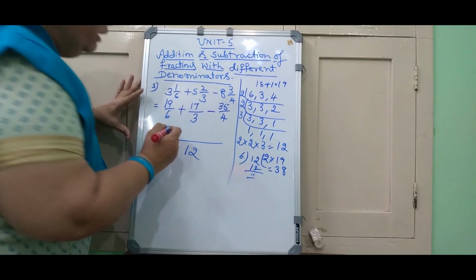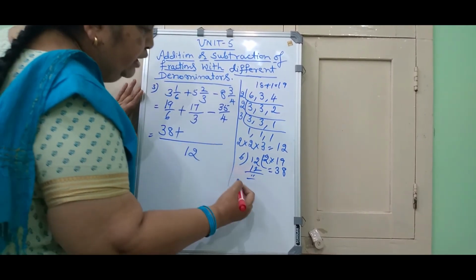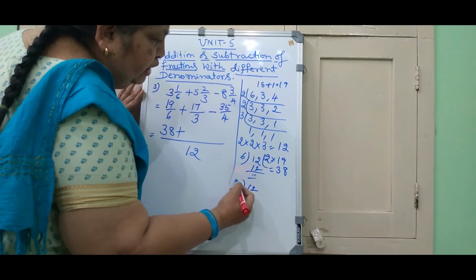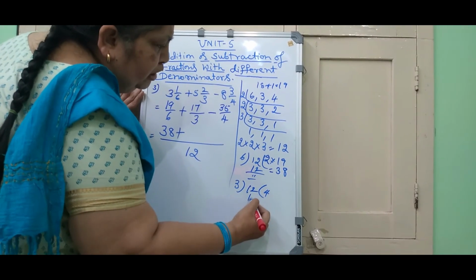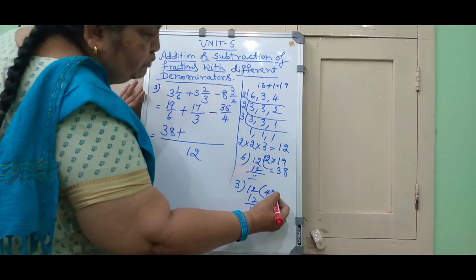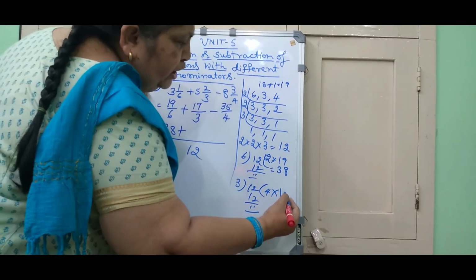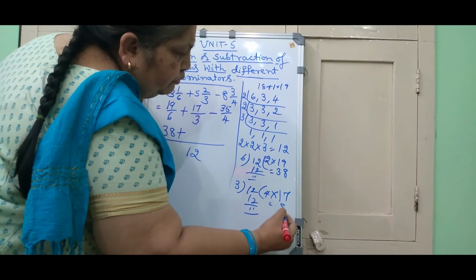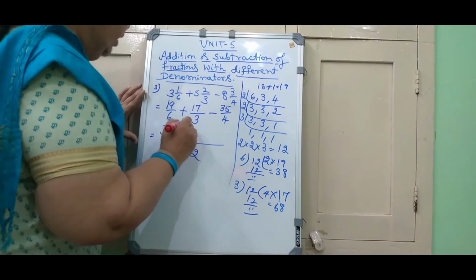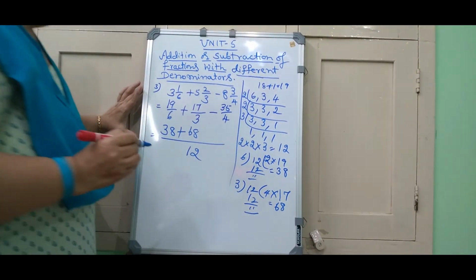I am writing here 38 plus. Again for 12, 3 fours are 12. This 3 must be multiplied by 17. So here we should be careful. This will be 51.